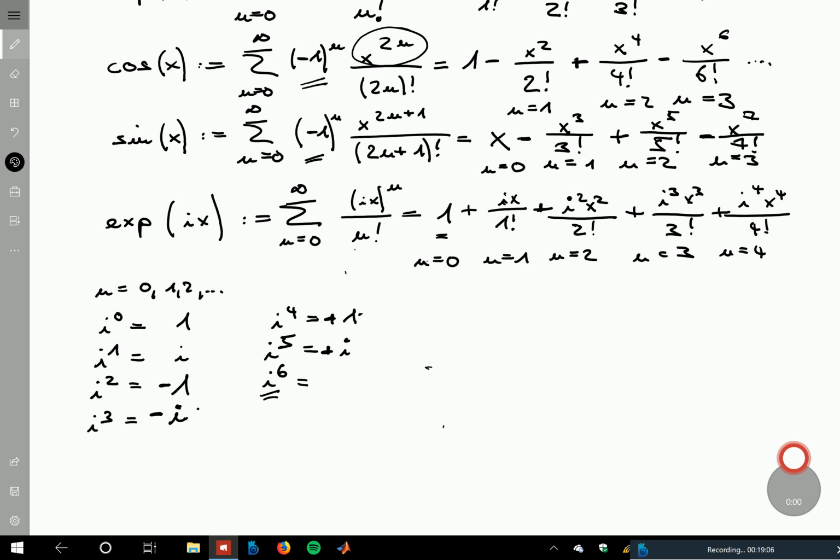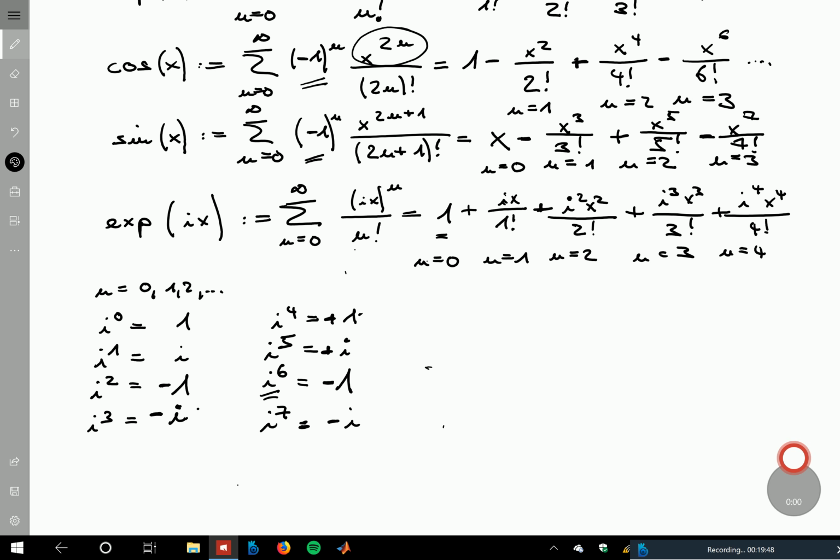So if you have 2 or 4 of them, then you get something positive. But if you have an odd number on the right side of these i to the power of n equations, then you get a negative, and sometimes you get i and sometimes you get -1. So in this case you would have i squared times i squared times i squared, which is -1 times -1, which is +1, times -1, and hence you get here -1. And for i^7 you have i squared times i squared times i squared, which is i^6, and then you have another i, so you get -i.